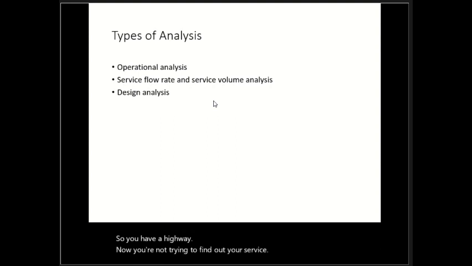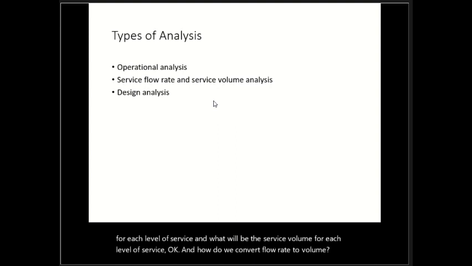You are trying to find out at what flow rate the level of service will be A, B, C and so on. Got it? So for a highway, you are finding out what will be the service flow rate and service volume for each level of service. And how do we convert flow rate to volume? By peak hour factor. The peak hour factor is a constant, right? If you know service flow rate, you know service volume.